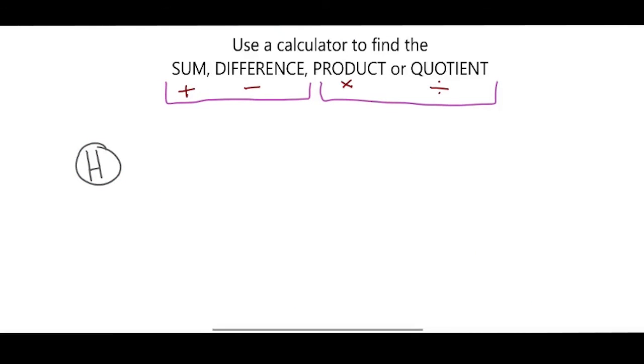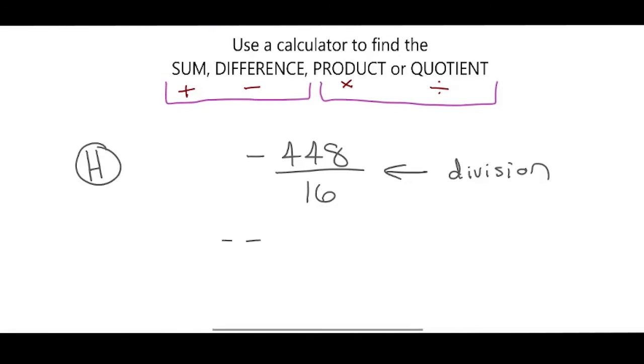We'll call this one example H. Let's say we have negative 448 over 16. Well, remember, this is division, so it's negative 448 divided by 16.